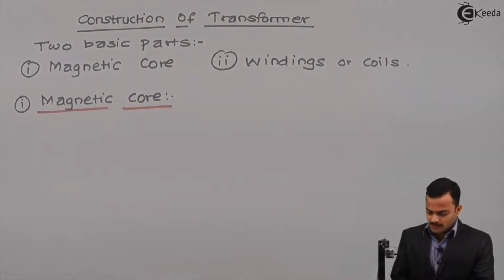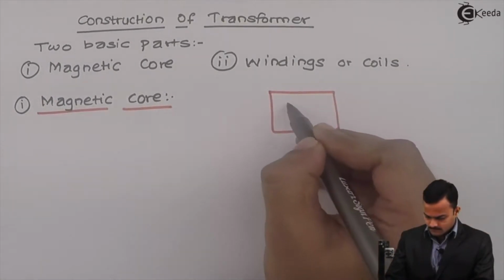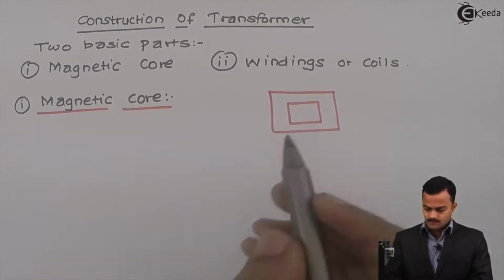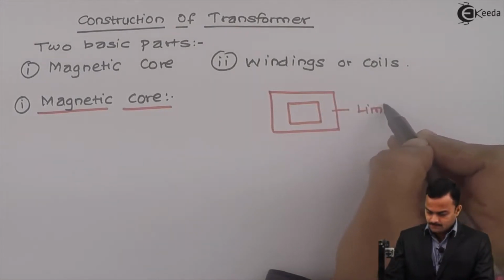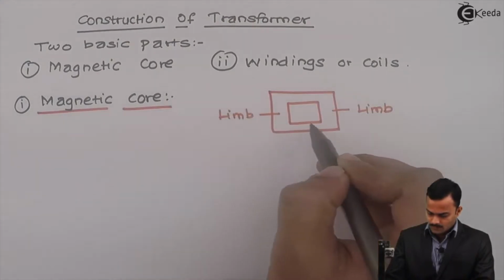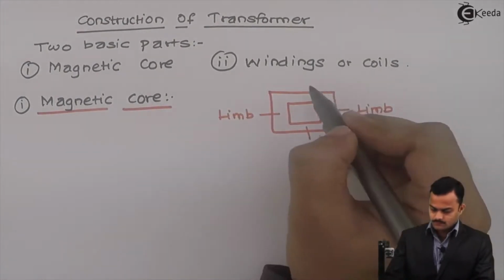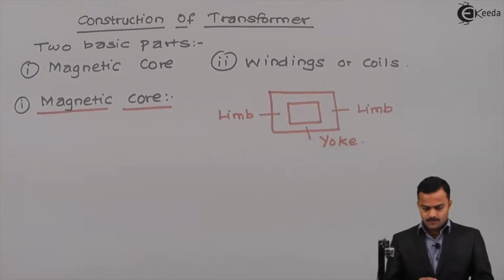So in a transformer, magnetic core is like this. This is called as a limb. This is also a limb. And this is called as a yoke. Now, what is the job of this magnetic core?